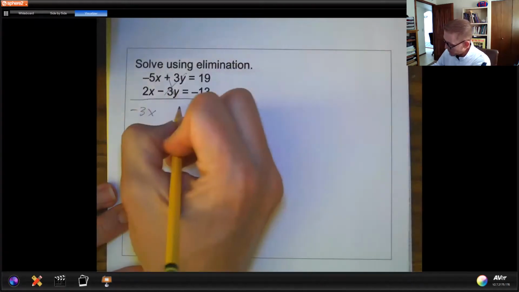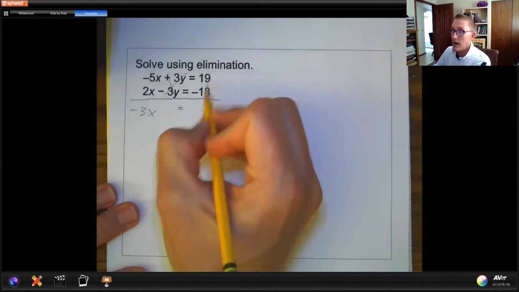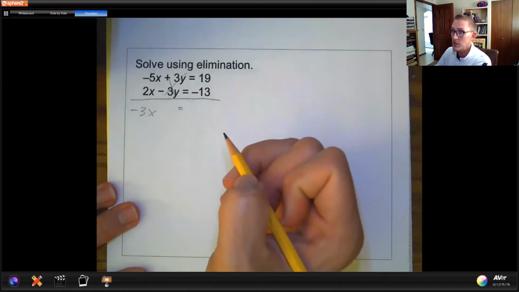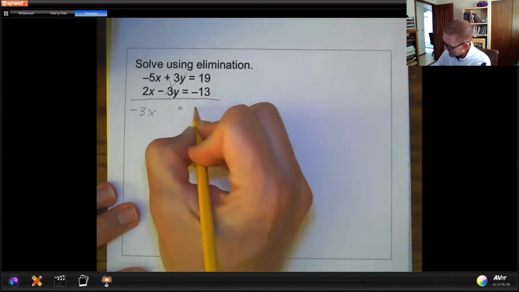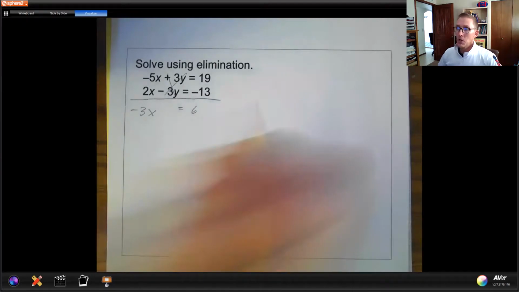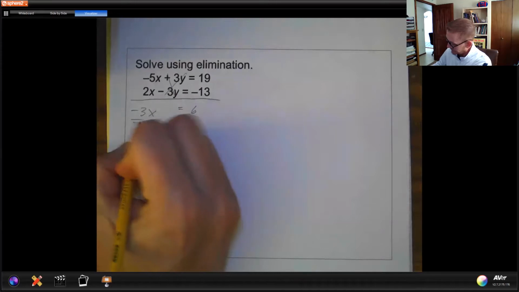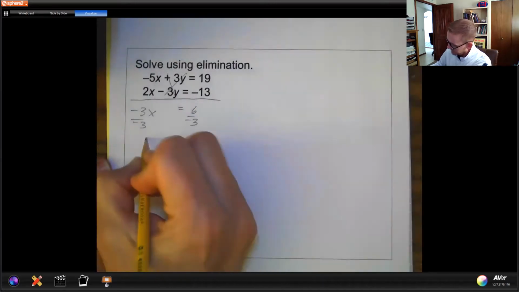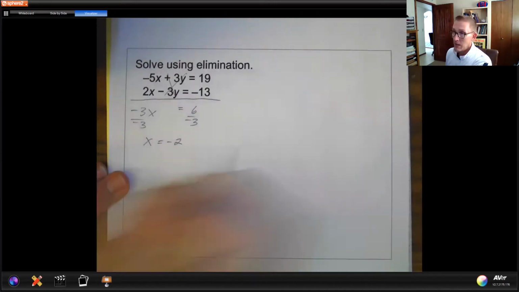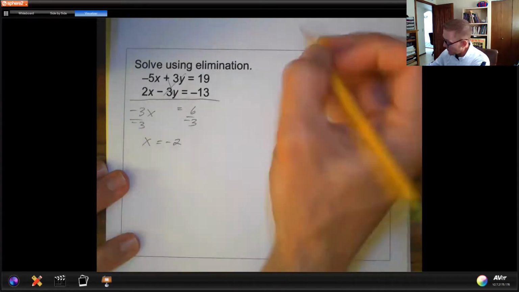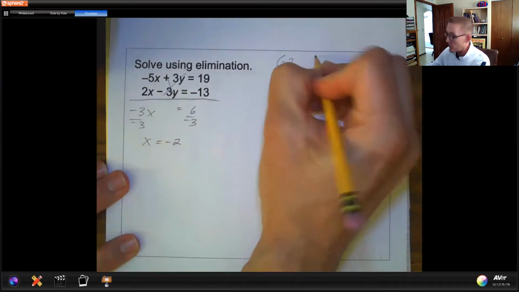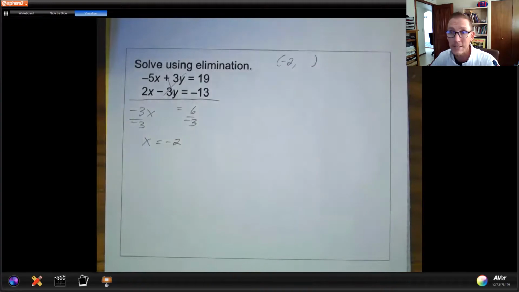The equals come straight down, and now I'm just going to combine these numbers, 19 minus 13, and I get 6. You'll notice as I combine these why it is so important that everything lines up, because it's the only way you can do this. Solve for x. x equals negative 2.